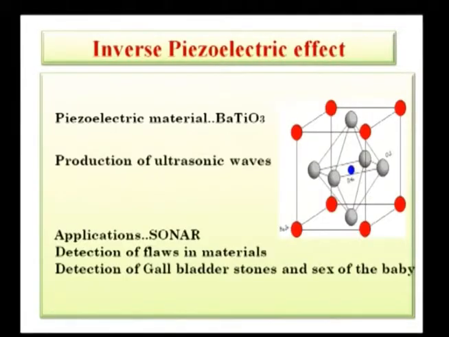Similarly, the ultrasonic waves are very powerful to see the defects in the metallic materials, not only materials, in biological systems also. I mean the gallbladder stones, and not only the gallbladder stones, even the sex of the baby in the womb can be seen by the ultrasonic waves.